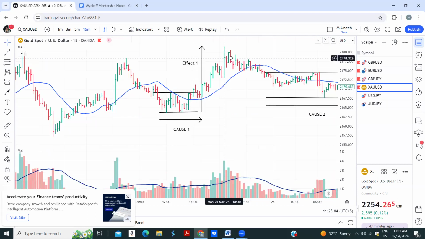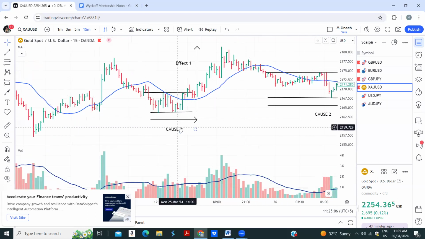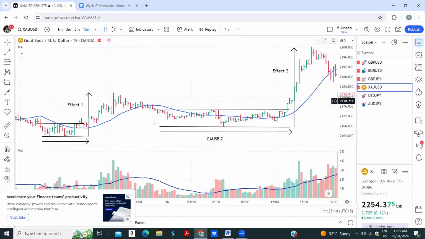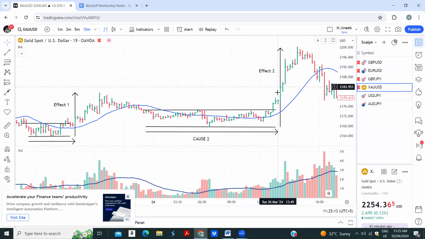So as you can see from here, we have the cause one and the effect one, and then we have the cause two, and then the effect two.